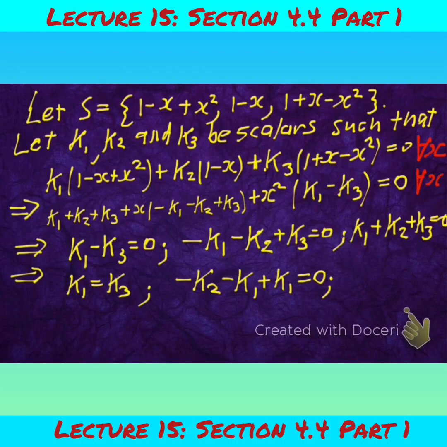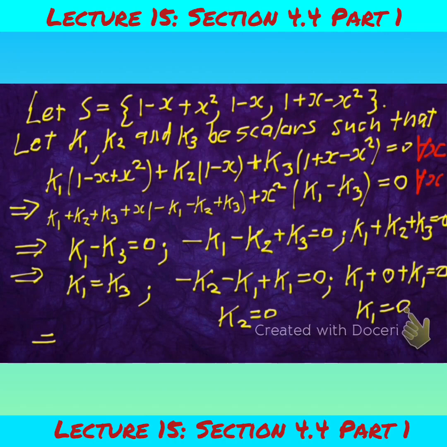Alright, so from there we have that K1 is equal to K3. Substituting that into the second equation, those two terms will cancel one another out, so you're basically left with K2 being equal to 0. And then from the third equation, K2 is 0 and K1 is equal to K3, so that is K1 plus 0 plus K1, which is equal to 0, and that implies that K1 is 0.